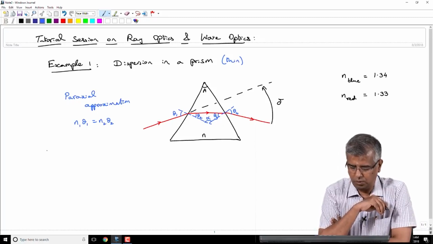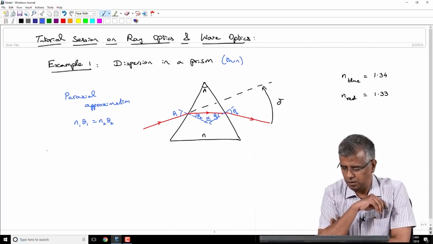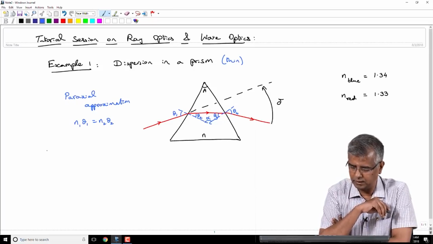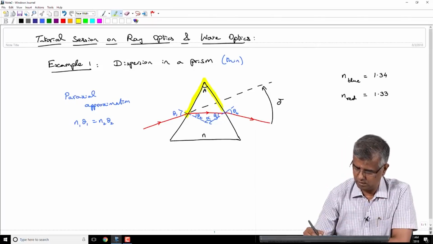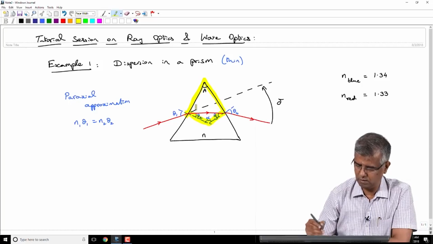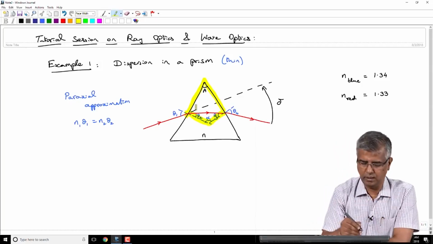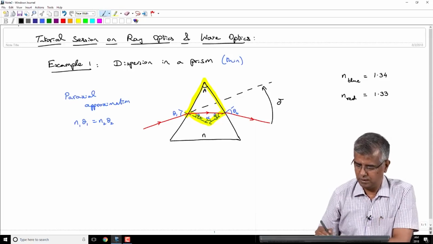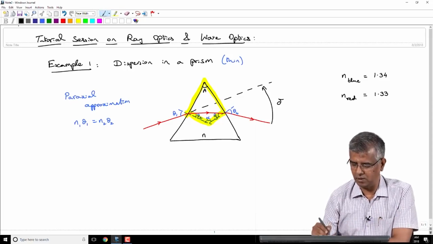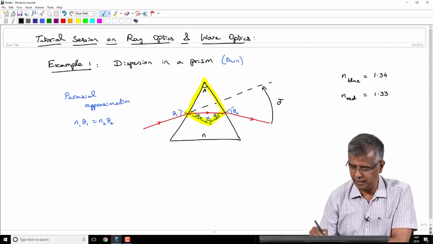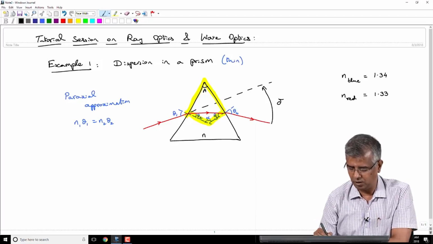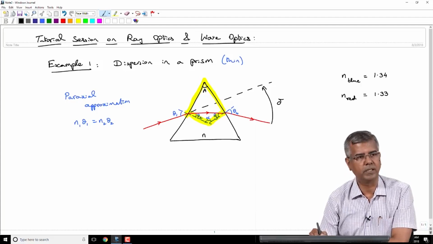First of all, when we consider that trapezium over there, what we find is it has these angles A and alpha, and it also has these angles over here. What are those angles?